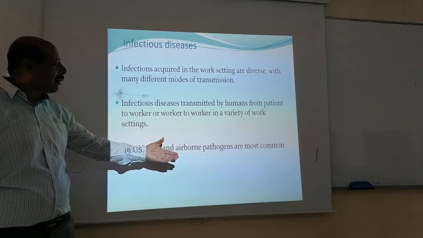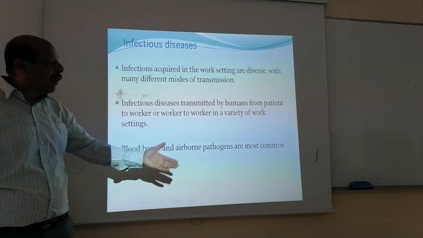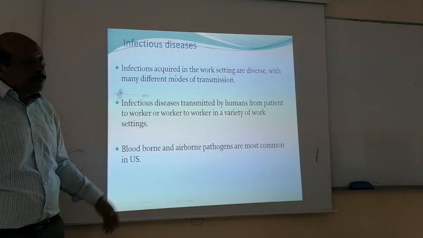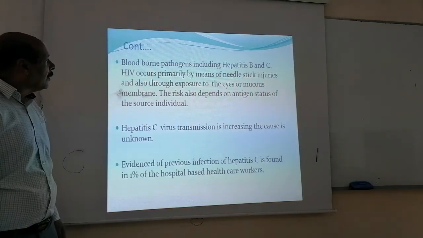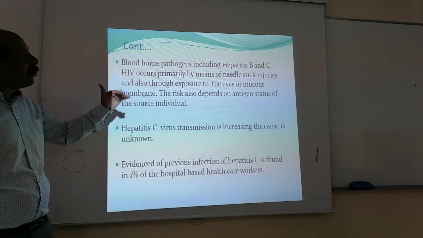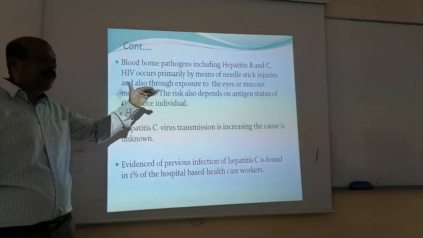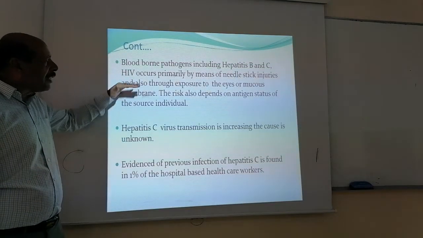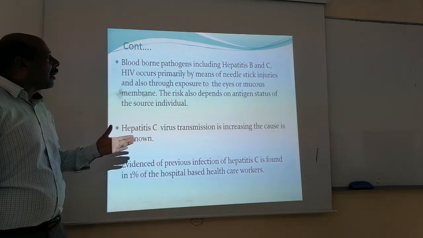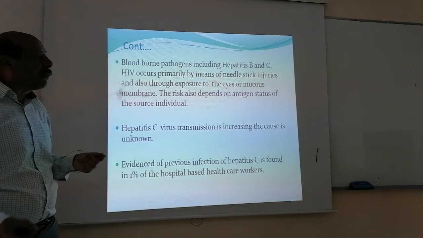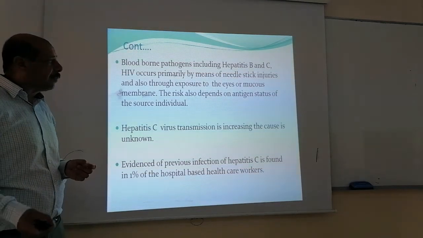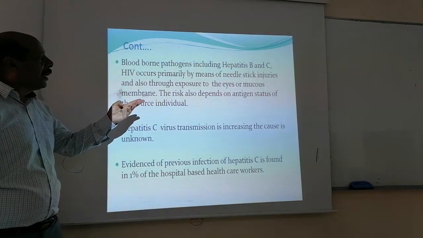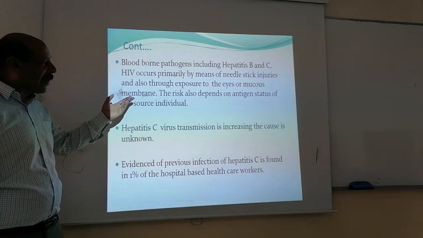Bloodborne disease and airborne pathogens are the most common in the United States and also in other countries. Bloodborne pathogens, including hepatitis B, hepatitis C, and HIV, occur primarily by means of needle injury and also through exposure to the eye or mucosal membrane.